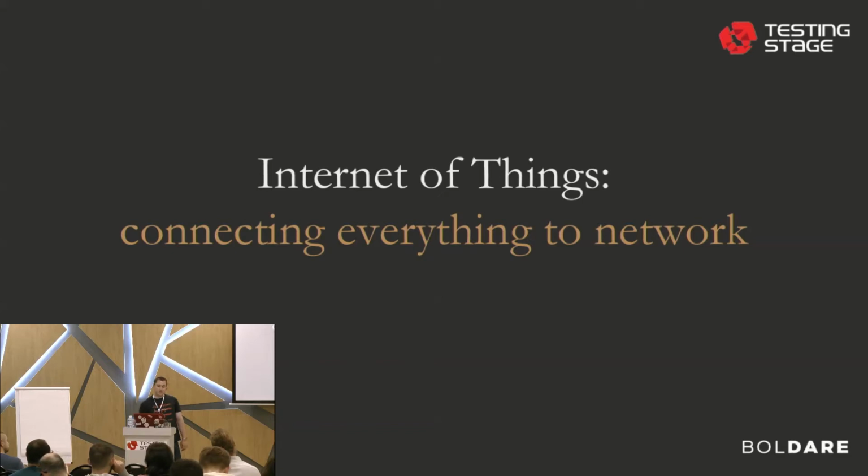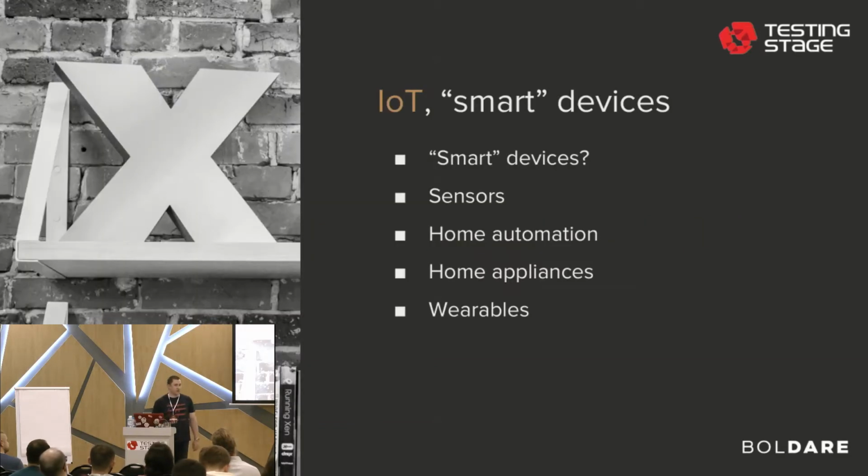Mainly, it's the concept of connecting just everything to the internet. So maybe a few examples of these devices. By definition, smart devices like smartphones shouldn't be treated like IoT because they are compute devices. But in this presentation, let's assume it's the same.